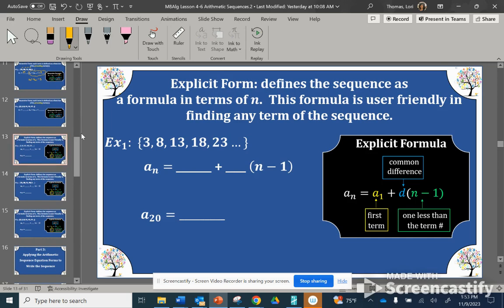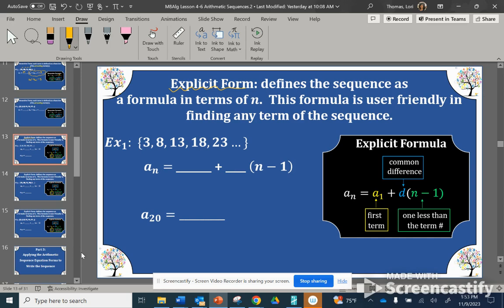Okay, now let's go to the explicit form or explicit formula. And this is a more useful formula, a useful equation, because we can find any term in the sequence, where with the recursive form, we would constantly have to subtract 5, subtract 5, subtract 5, on and on if we want to find, say for instance, the 20th term here.